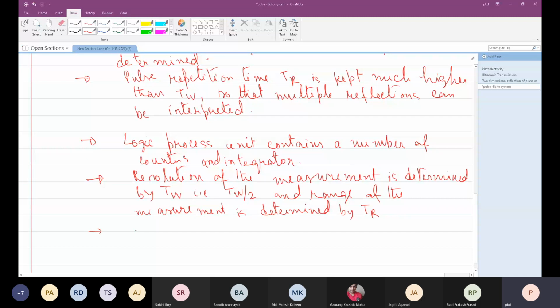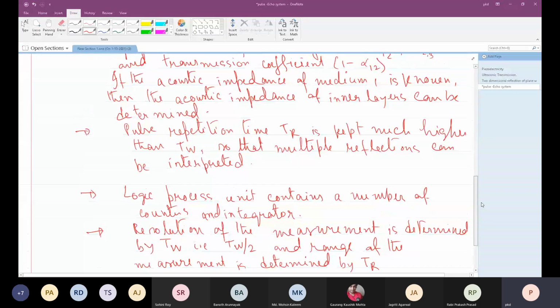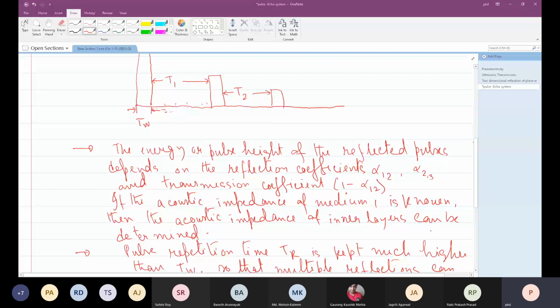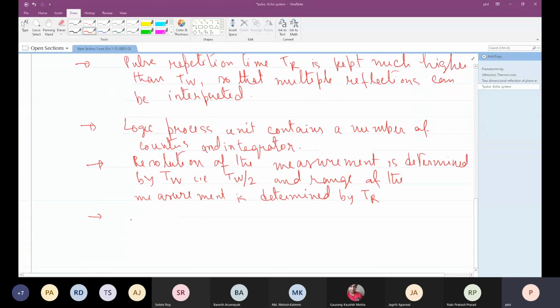Now L1. If this time is T1 and this time is T2, the first layer thickness L1 is equal to T1 by 2C1.